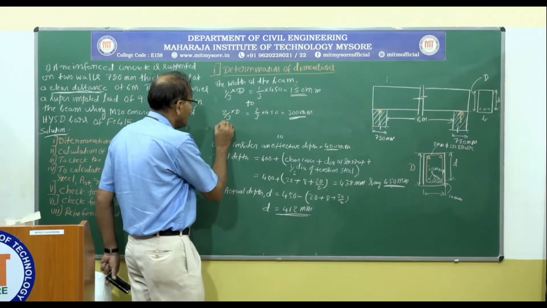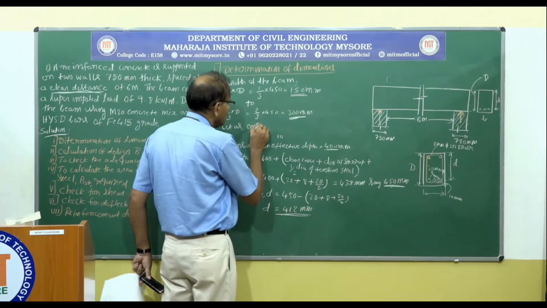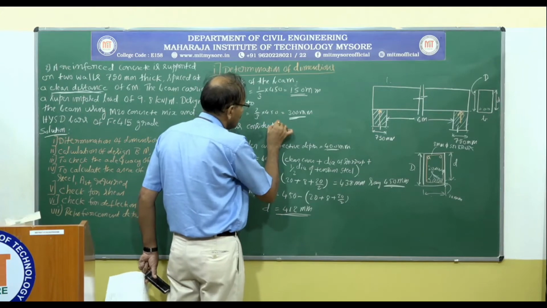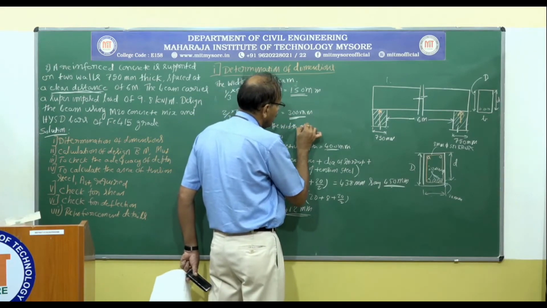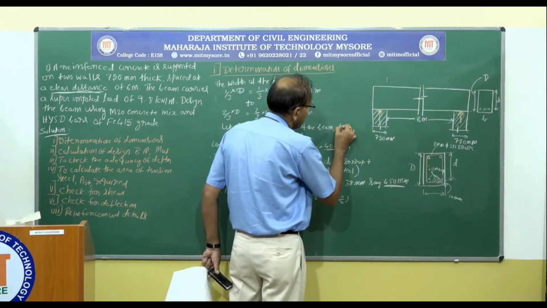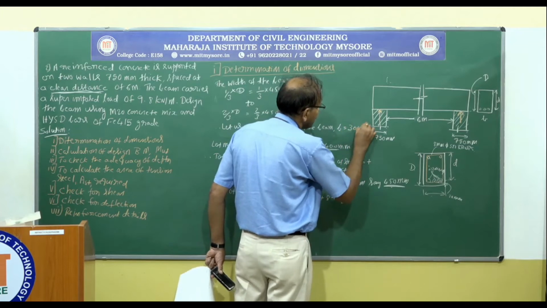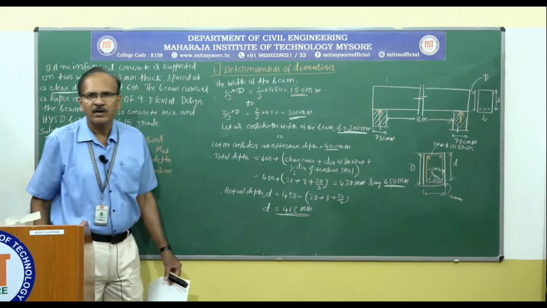So therefore, let us consider the width of the beam B equal to 300 millimeter. Okay.